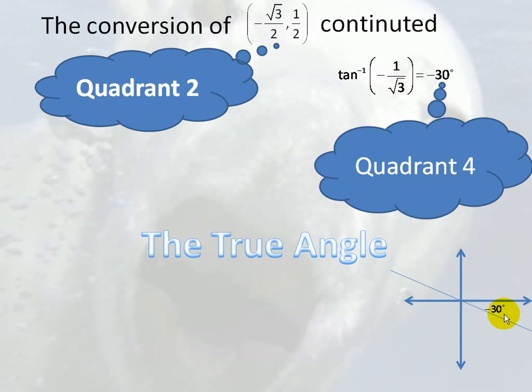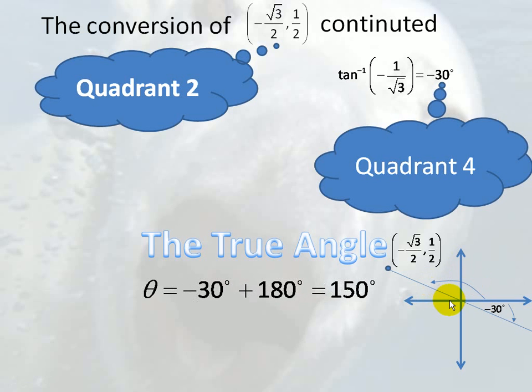We recognize this is negative 30. This is the angle we want right here. Well, all we have to do is add 180 onto that angle that inverse tangent gave us. If we add 180, we get 150, and that's the angle that is our focus.